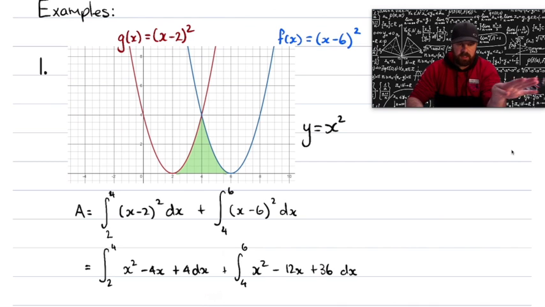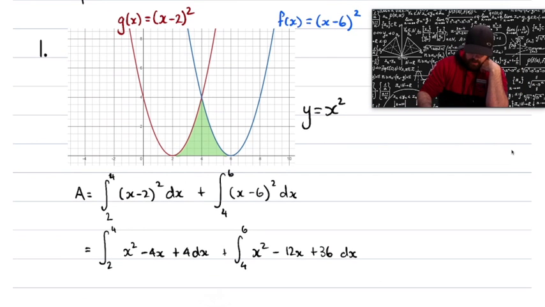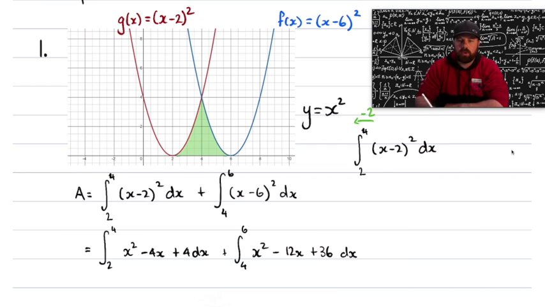When I'm shifting everything left, what I'm going to end up with is, with this curve here, I'm going to paste that here. If I'm shifting everything left, like I said, I've got to take 2 units away from my upper boundary, and I've got to take 2 units away from my lower boundary.